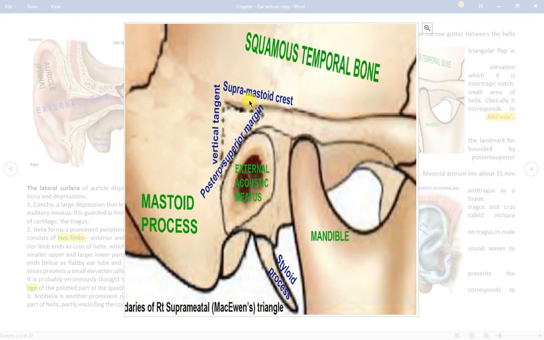So this triangle is formed by supramastoid crest, posterior superior margin of external acoustic meatus, and a vertical tangent from this margin to this crest. This is known as McEwan's triangle.